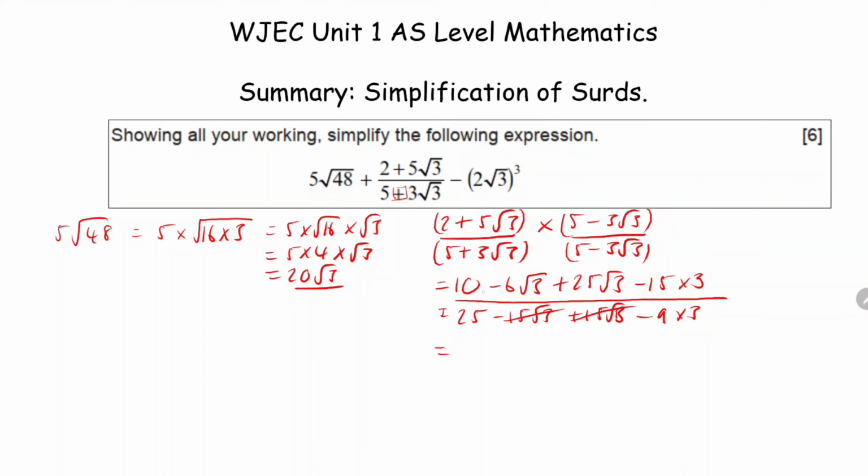Let's simplify the top. We've got 10, and at the end we've got 15 times 3, which is 45. 10 minus 45 gives us minus 35. The top, minus 6 root 3 plus 25 root 3. So that's going to give us 19 root 3.